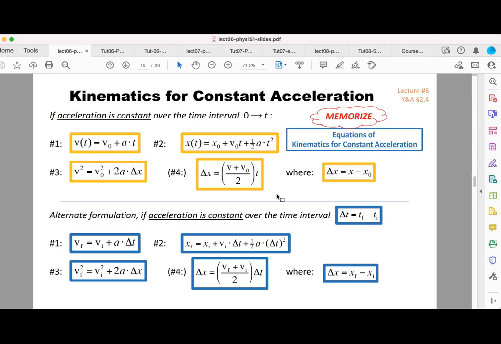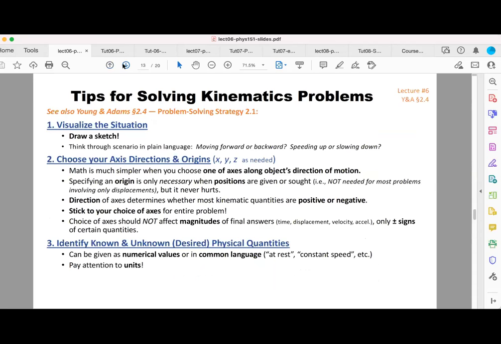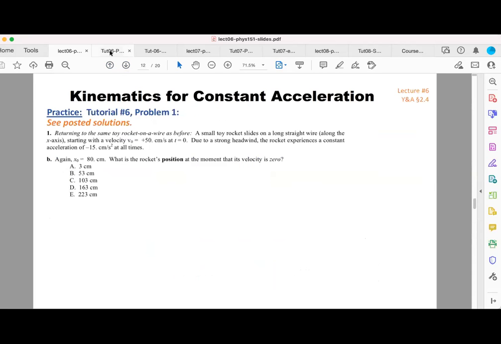But if instead you have a different initial time, like in some problems where at the beginning your car does something, and then after 5 seconds your car does something else, then you have an initial time for the second part of the problem. So you have to substitute t with delta t, where t initial in the example I just gave you is going to be 5 seconds. So I hope it makes sense to you. And just to see if it makes sense, let's do a problem.